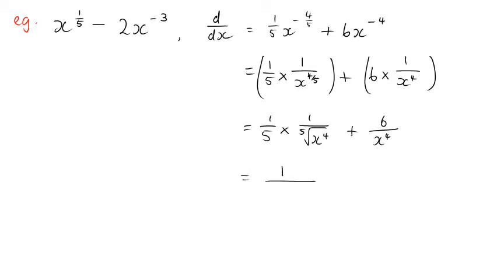So we get 1 on the top, 5th root of x to the 4, plus 6 on x to the 4. Probably just leave it like that. Okay. Yeah, it'd be far too hard to try and simplify that into one fraction. So just leave it like that.